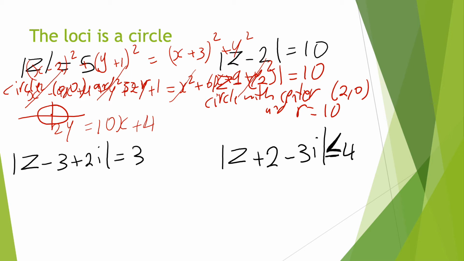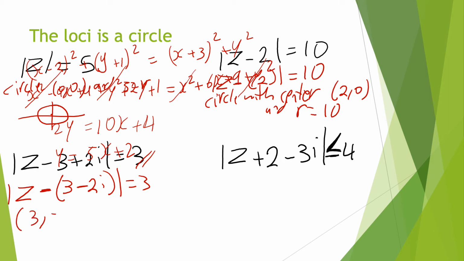This one here has two components, so again I need to prepare it first. Take the negative out. This gives me 3 minus 2i. When you expand this negative, you should get this expression. This means the center is 3, negative 2, and the radius is 3.